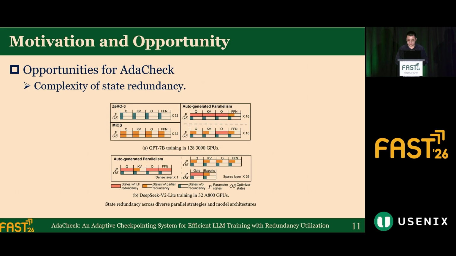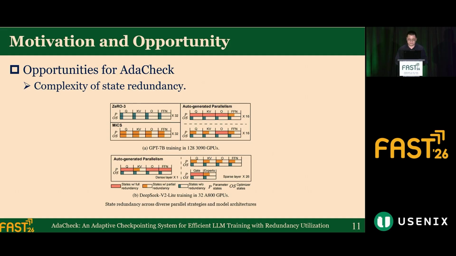To achieve this goal, AdaCheck must address several key challenges, the first of which is complex state redundancy. This complexity arises from the diverse combinations of parallelism and model architectures. Model states are typically composed of model parameters and their corresponding optimizer states.